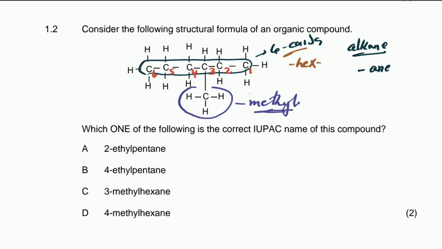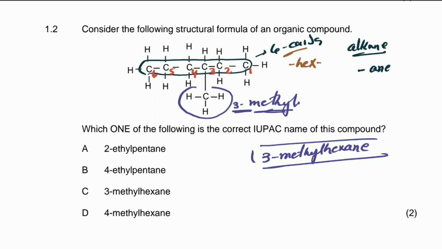Therefore the methyl is in carbon 3, so the name is 3-methylhexane. That is the correct name, and it matches with C. So C is the correct answer for 1.2.